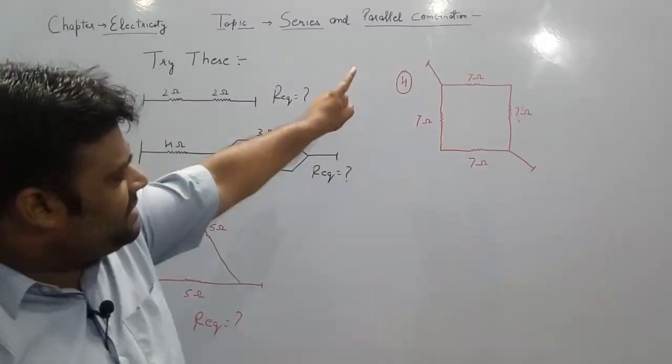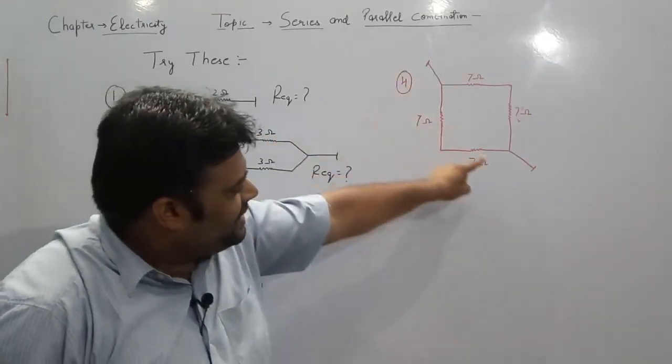Four resistances of 7 ohm are connected in this manner.